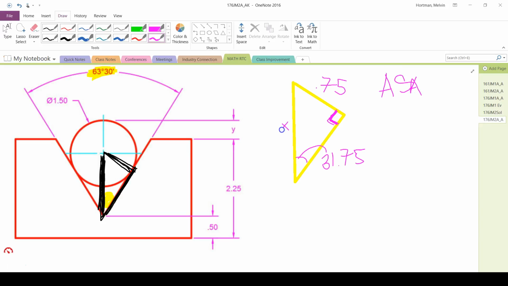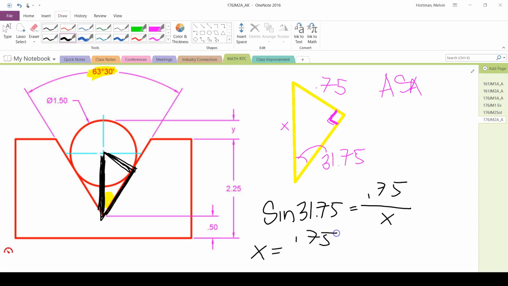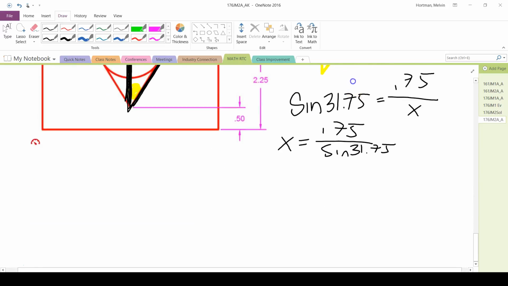Now let's quantify this vertical side as x, and then calculate for x. Sine of 31.75 equals 0.75 over x. Then we have x equals 0.75 over sine 31.75. Let me scroll up here.